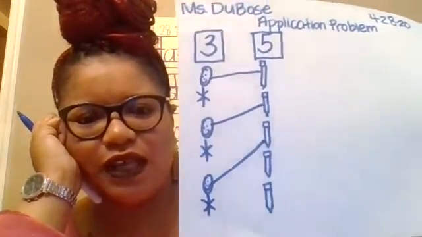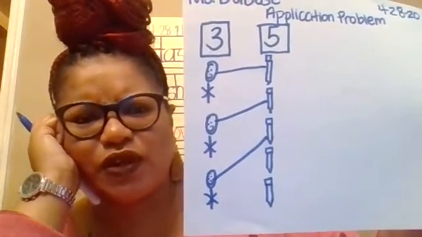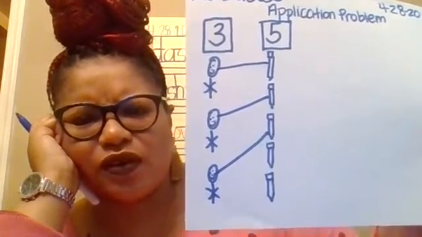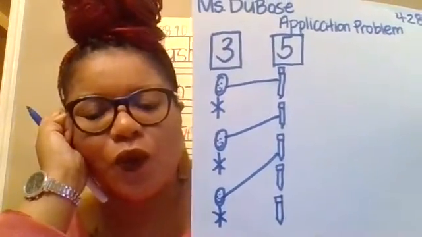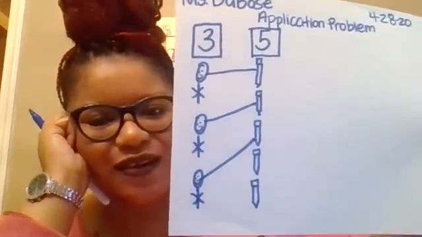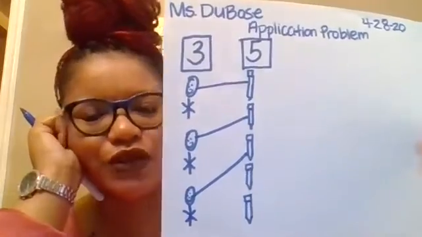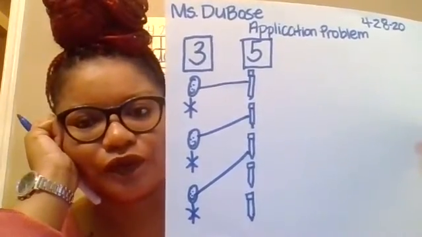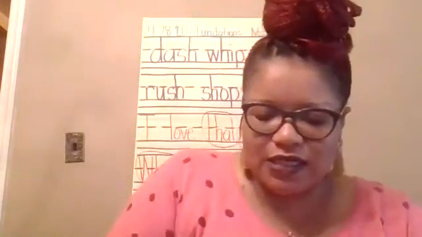Now, looking at my picture, do I have more pencils left? I do. So, which one do I have less of? Do I have less people or do I have less pencils? I have less people.